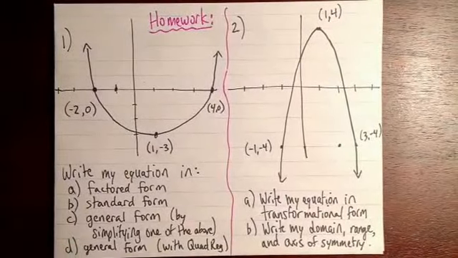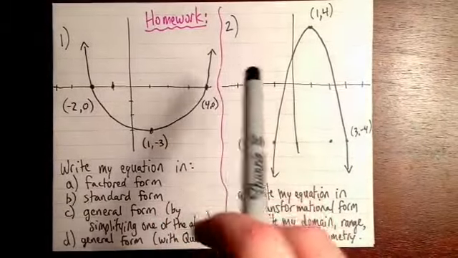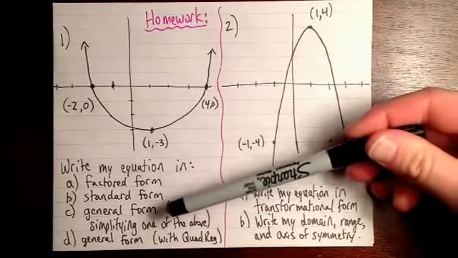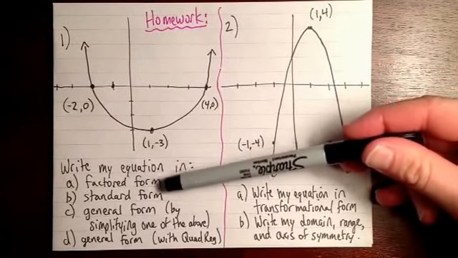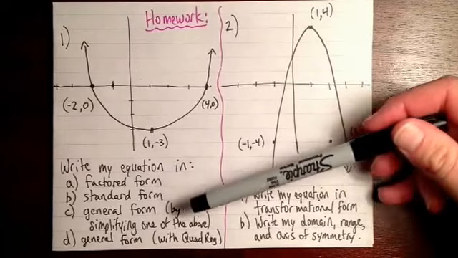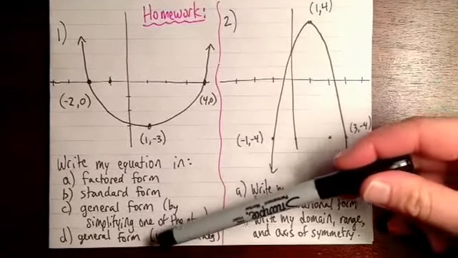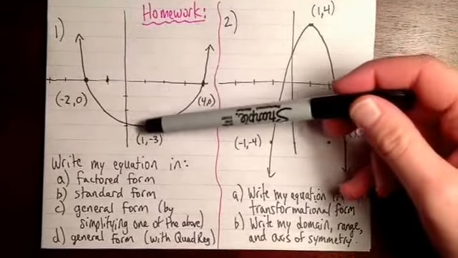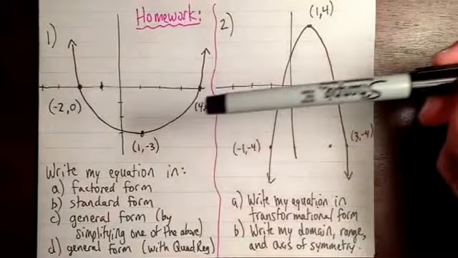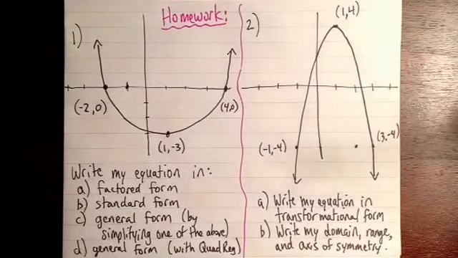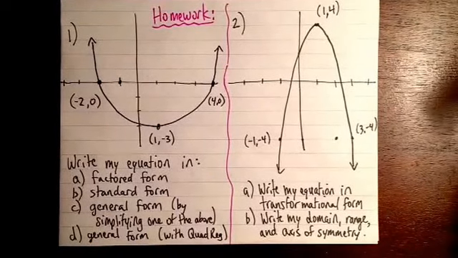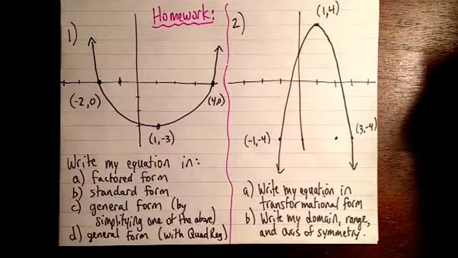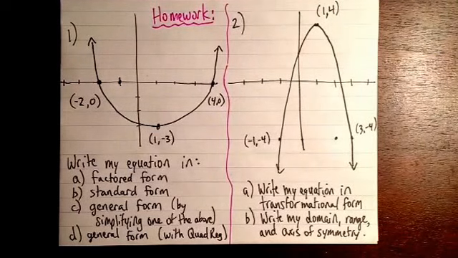So instead of doing it just by using what you know about general form, I want you to do it 2 different ways. This one, by simplifying one of those. You can choose whichever one you prefer. And then the second method, I want you to do a quadratic regression. So you put 3 points in your calculator, press Stat, go over to Calc, and then choose quadratic regression, which you've done once in class.